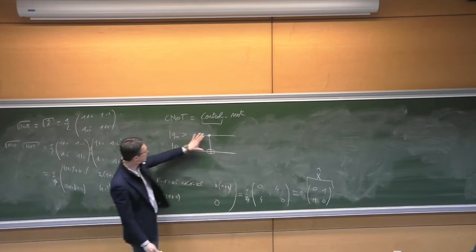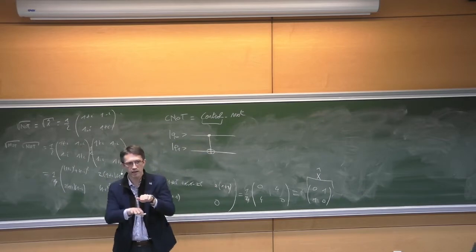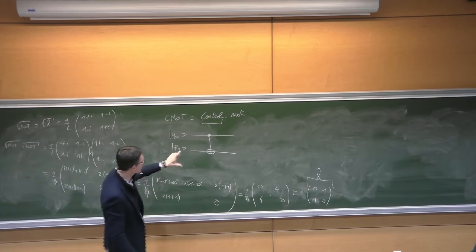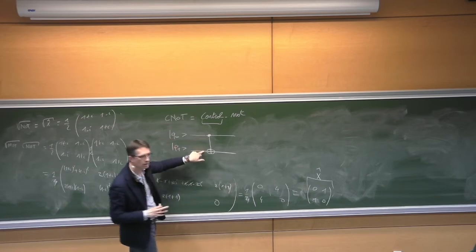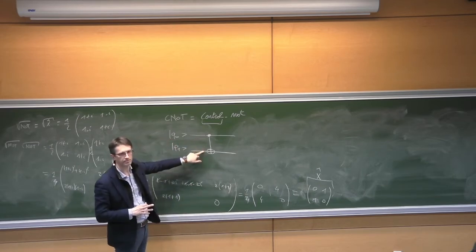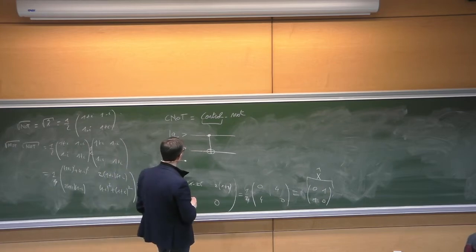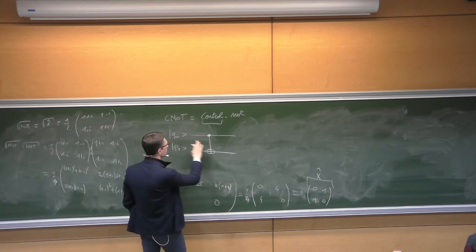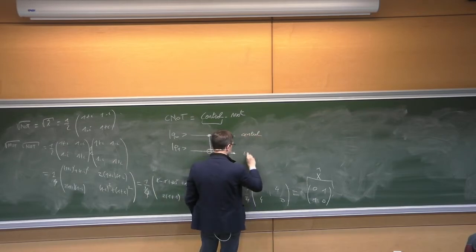So now you have two qubits, each a line, and then you have this segment because you're going to make an operation that will depend on another qubit. This one is the control, and this one is the target.